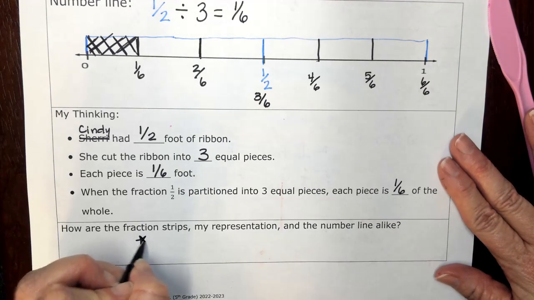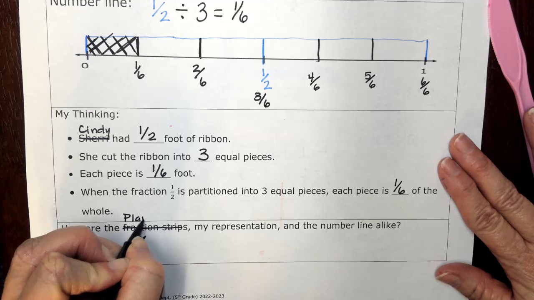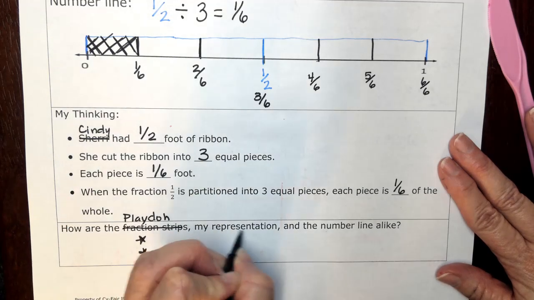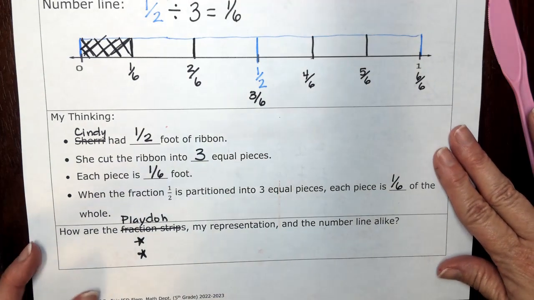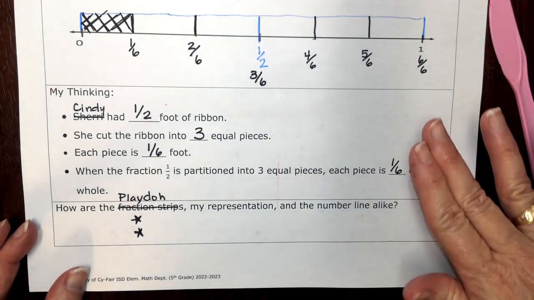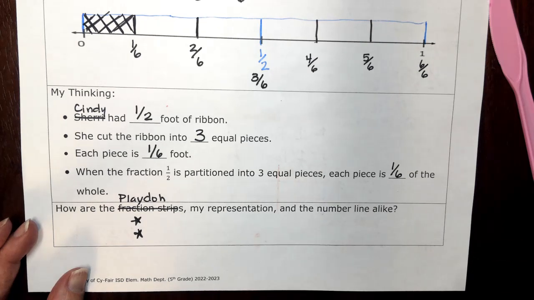Just like yesterday, when we used the Play-Doh, when we drew a picture, when we used the number line, I want you to think about 2 things that you're noticing that are the same. Take 1 minute and then I'm going to call on you to give me some responses.